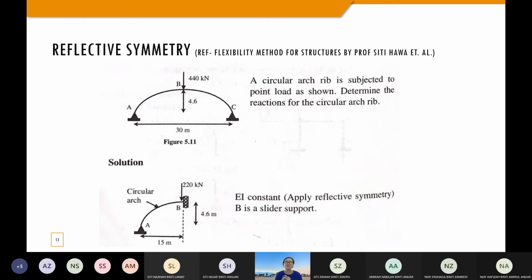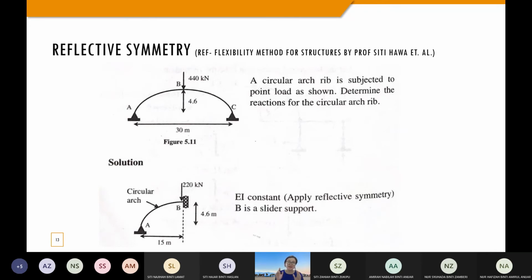If you apply it, you will most probably save computational time, and you may also reduce your redundancy. In the flexibility method, if you have more redundancy, your process becomes longer. So by using reflective symmetry, you can have these benefits.